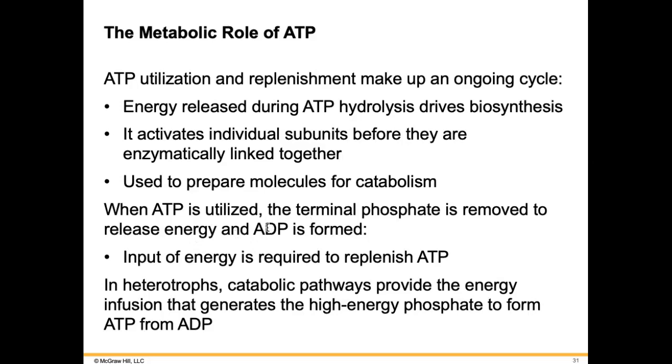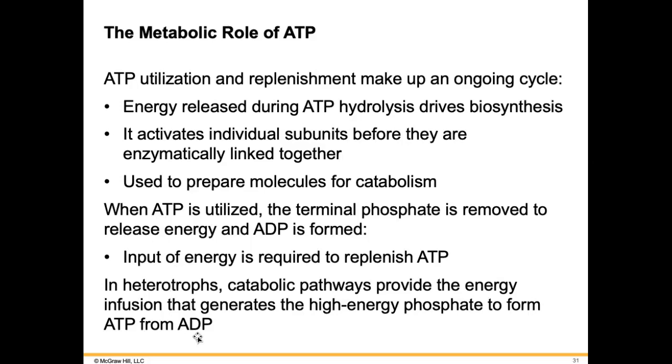So in order to put ADP back together with that phosphate, in order to bind these 2 back together, we need some energy. So if we take some energy, add it to ADP and that phosphate, now we have ATP again. So it's this back and forth. It's broken down, it's put back together. It's broken down, it's put back together. So basically that energy that is either released or needed to put it back together is just traded back and forth in chemical reactions.